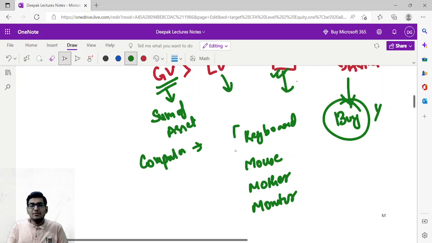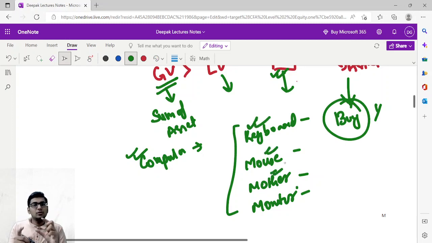When you sell everything separately, the synergy among them all will deteriorate, because if you buy a computer, you can make better use of it rather than buying only a keyboard, or only a mouse, or only a motherboard. So the value is greater here, because there is synergy between the CPU, the mouse, the keyboard, the motherboard, and that increases the valuation of the computer. This is one reason that the going concern value is always greater than the liquidation value.